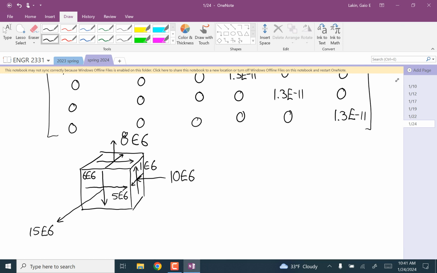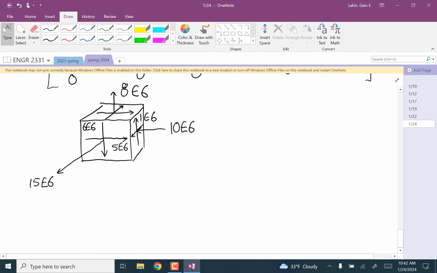We're going to assume that this is steel, and this is the stress at some point inside made out of that material. We want to figure out what the strains are, so we want to find that Voigt strain.